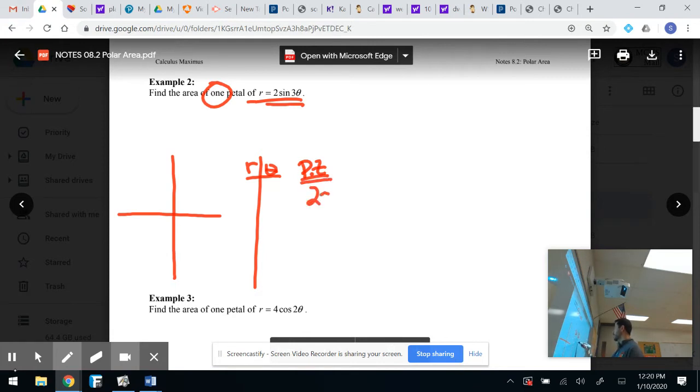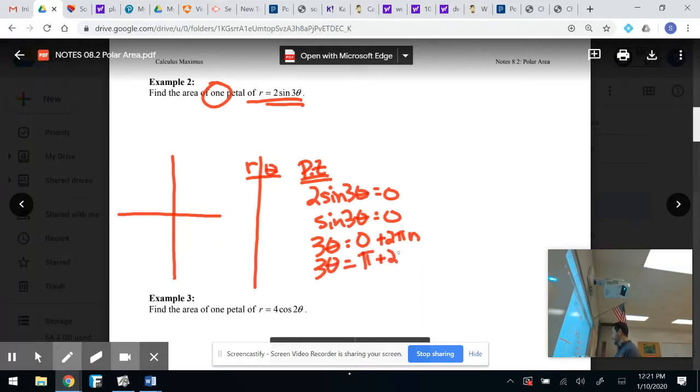So I'm going to go 2 sine of 3 theta is equal to 0. Remember, that means when is sine of 3 theta equal to 0? Well, sine is equal to 0 at 0 plus 2 pi n, and it's 0 at pi plus 2 pi n. So remember, what I need to do for each one of these is divide by 3.